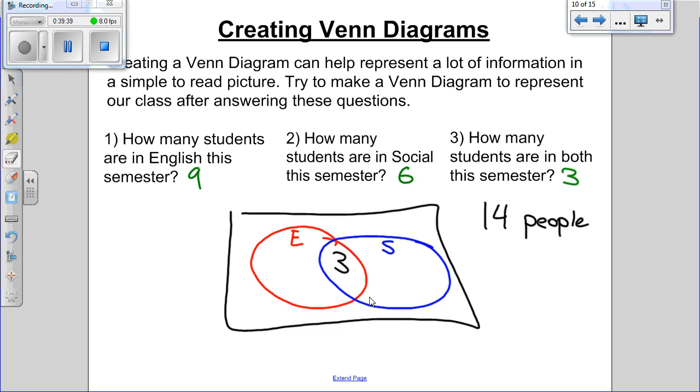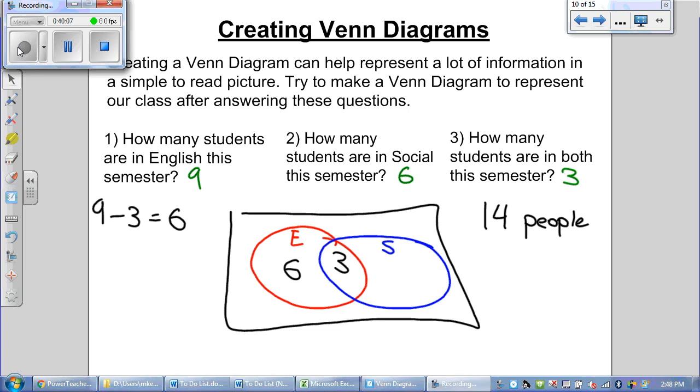Well, there's 9 in English, but I've already counted 3 of them, so I need 6 that are just in English. And you do the same thing for social studies. You're going to say there were 6 people in social studies, but we've already counted 3 of them. That means there's 3 people in social studies only.